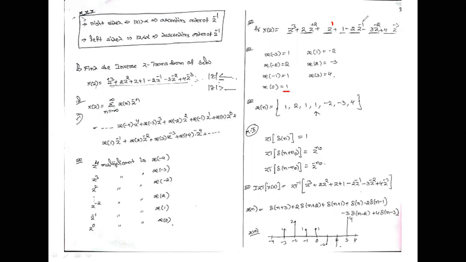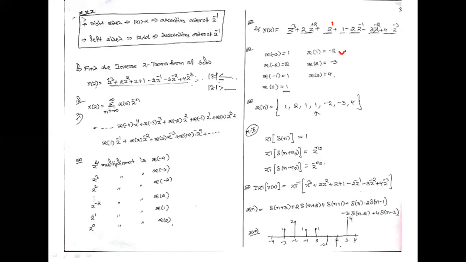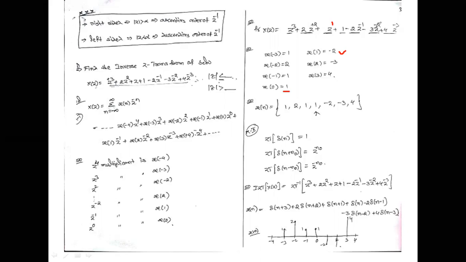And the z power minus 1 coefficient is x of 1. So x of 1 is 2. And z power minus 2 is minus 2, and the z power minus 2 coefficient is x of 2. That is, x of 2 is equal to minus 3. And the z power minus 3 coefficient is x of 3. That is 4.